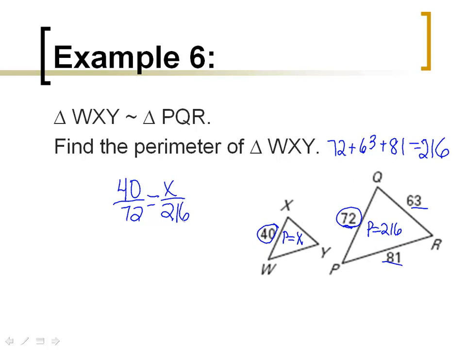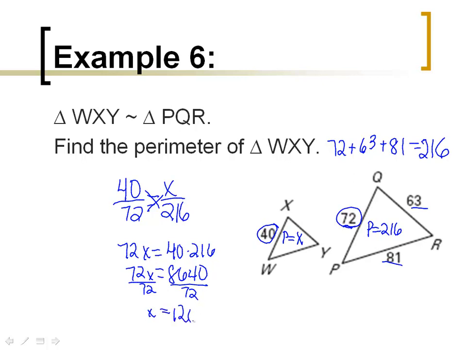So 72 times x equals 40 times 216. So I've got 8,640 equals 72x. Divide both sides by 72. And x equals 120. So the perimeter of my smaller triangle is 120.